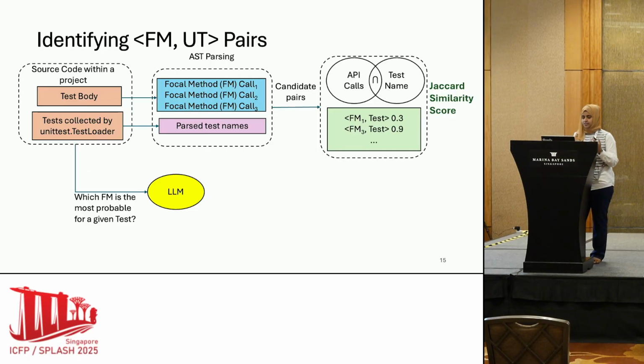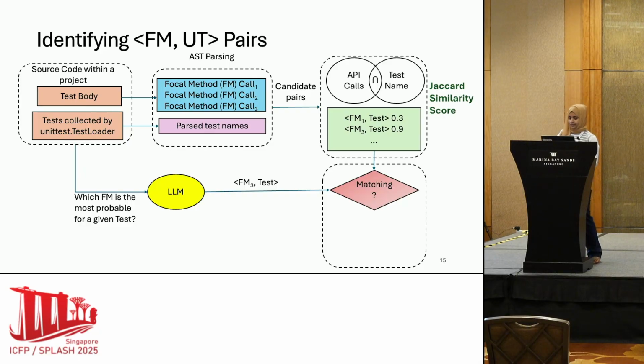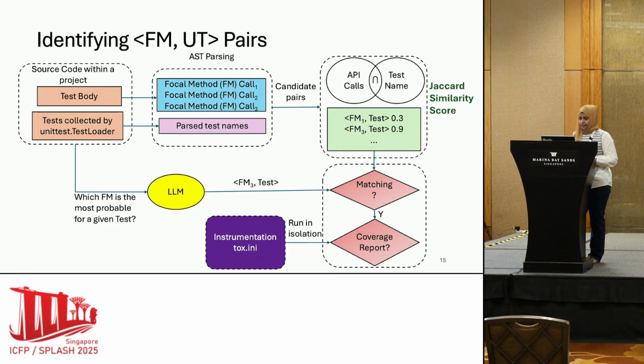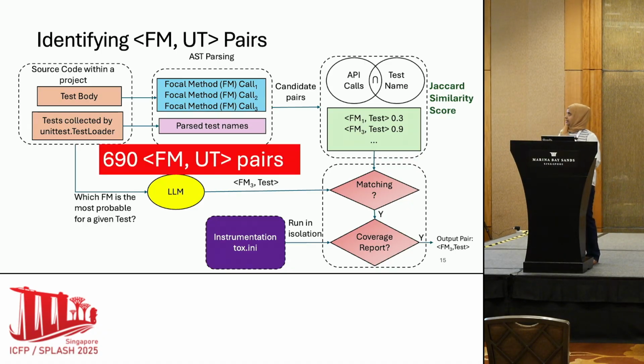We pass the test body and ask the LLM what could be the possible focal method, and then we take the intersection between this suggestion and our prior suggestions found by the Jaccard similarity index. And then we collect the code coverage report, and finally we get 690 total FM-UT pairs.